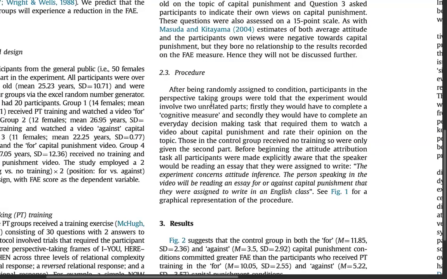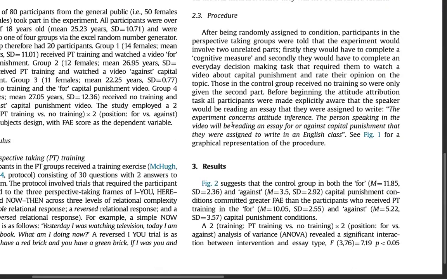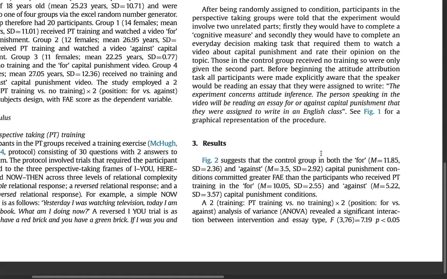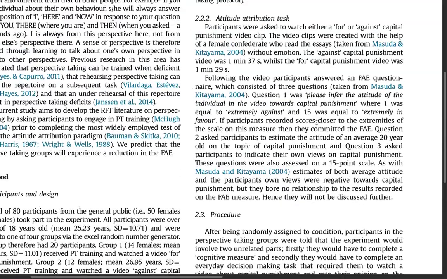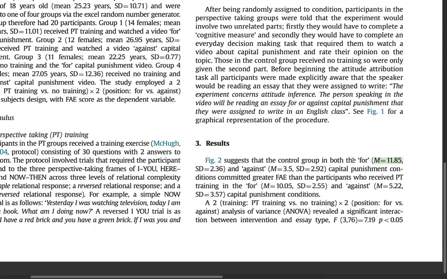Then it goes more through the procedure and explains what they experienced. So then you can go back to your results and say, oh, this makes more sense. So in the for group, if the mean is 11.85 and 15 was extremely in favor, so that's the for, and they're saying that this person, they rated them an average of 12 points on that scale.